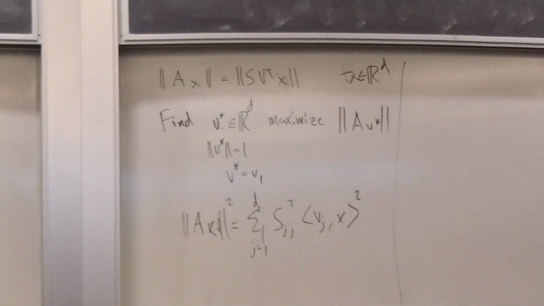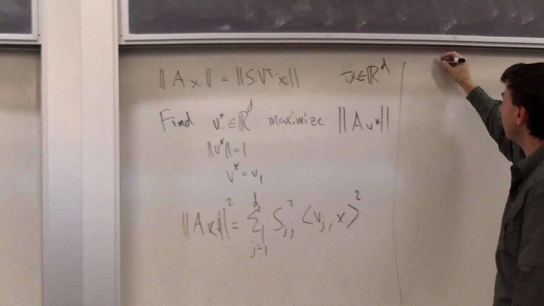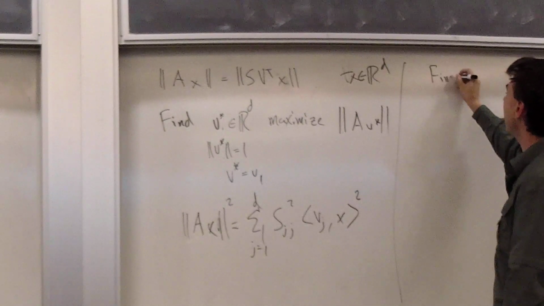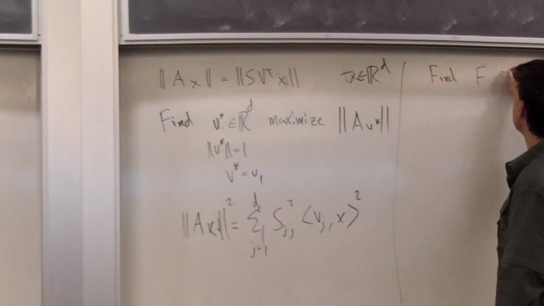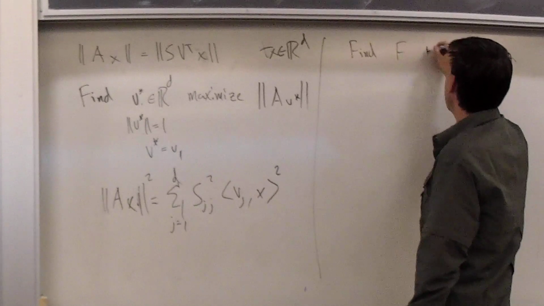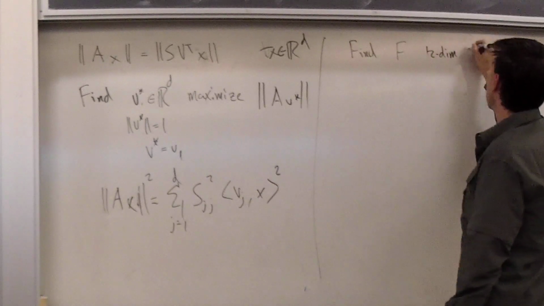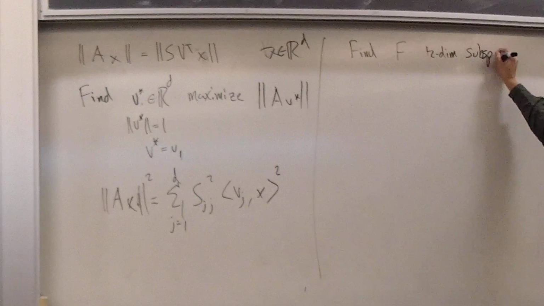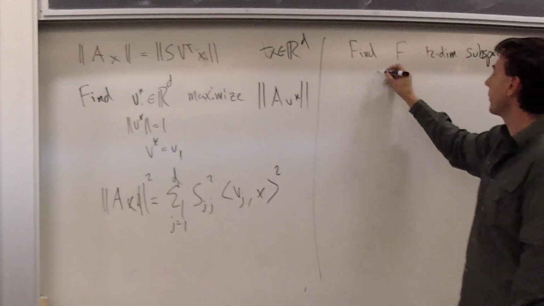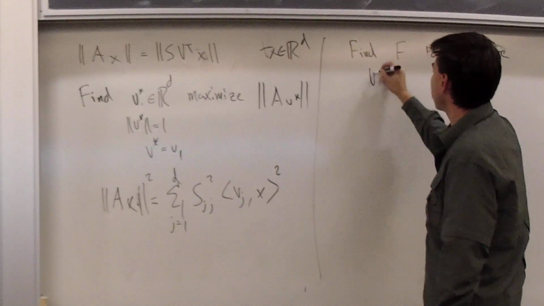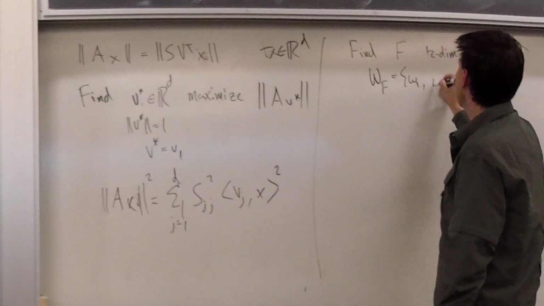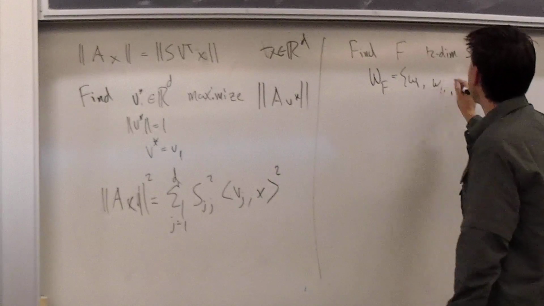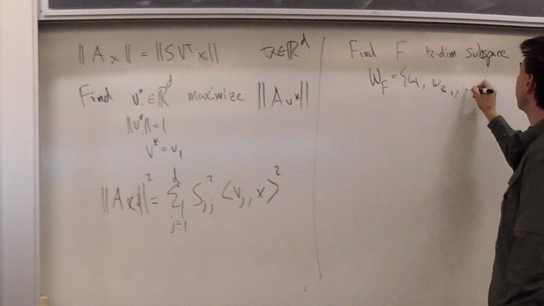So I want to go back to the task we had before, where we wanted to find this subspace F, which is going to be a k-dimensional subspace, defined by these vectors. I'm going to call them W now. W1 up to WK is going to be a basis.